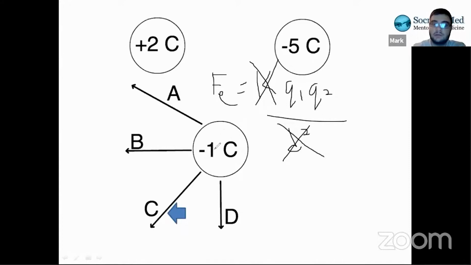If you multiply -1 by -5, you get 5, and that means the Fe would be 5 times all of these other variables, whereas in here you would multiply -2 or +2 by -1, and then you take the absolute value of it, you get 2 times K over D squared, right? 5 is obviously bigger than 2, so this one has a stronger force, right?